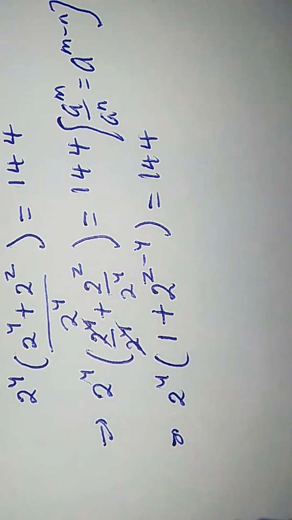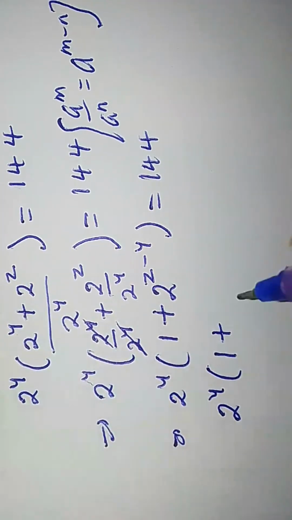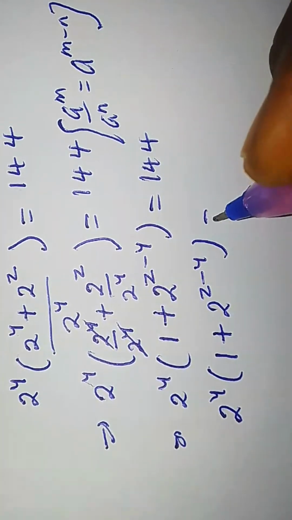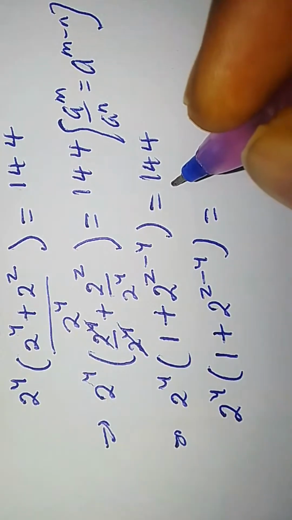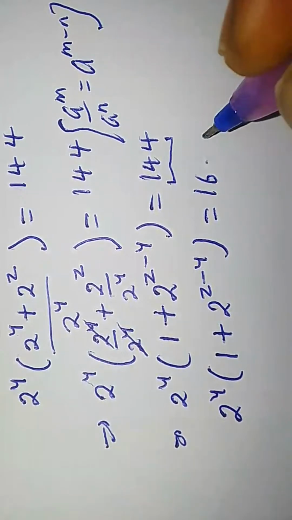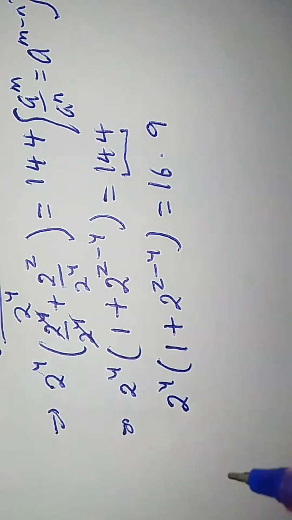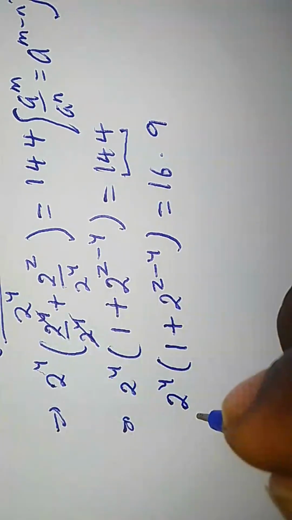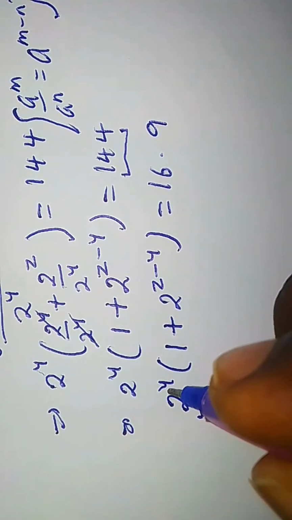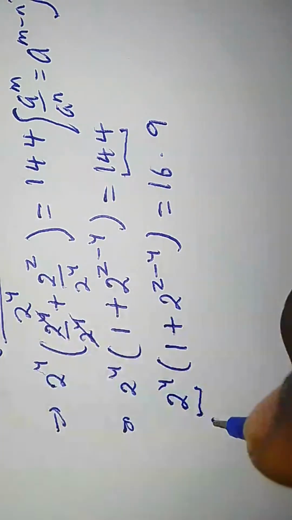Let's continue. 2 to the power of y into 1 plus 2 to the power of z minus y is equal to, I can rewrite 144 as 16 times 9. Now, if we consider this 2 to the power of y, for any value of y greater than 0, this will always produce an even number.